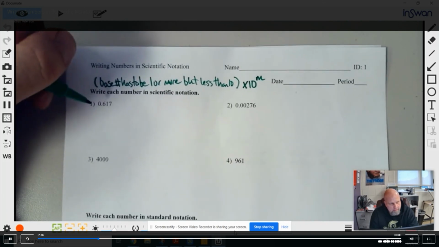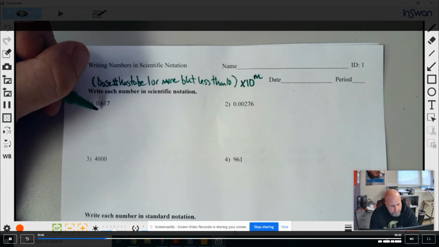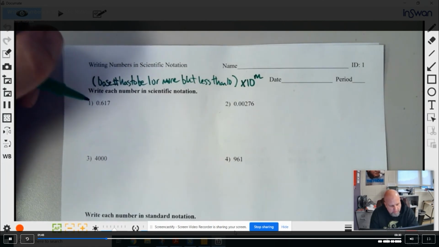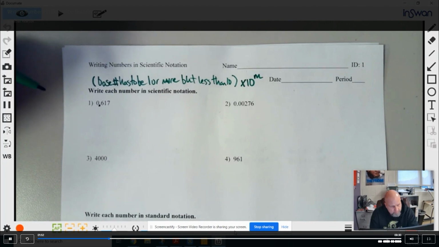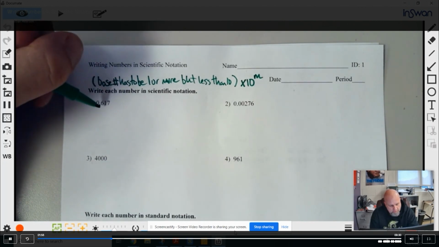So let's see what we're talking about here. On number one, I look at this number and ask myself, is it one or more? Well, 0.617 is not one or more. It's definitely less than. So I want to identify where the current decimal is. I put my pencil on the decimal and ask myself, which direction does it have to move?